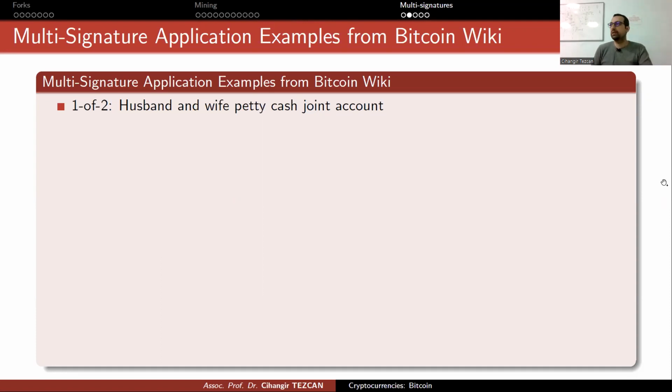You have mutual accounts and anybody can use them, but it can be different. If you have a savings account and maybe you want to have decisions by both parties, then two of two multi-signature works. In this scenario, both of the parties have to sign the transaction for it to be valid, okay?